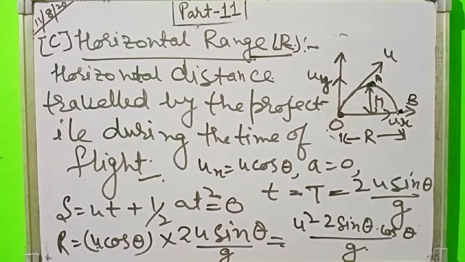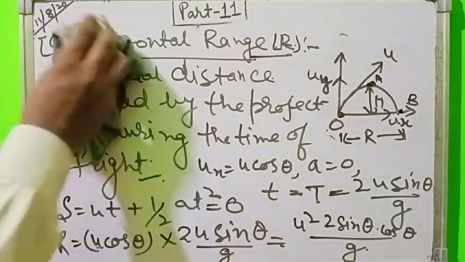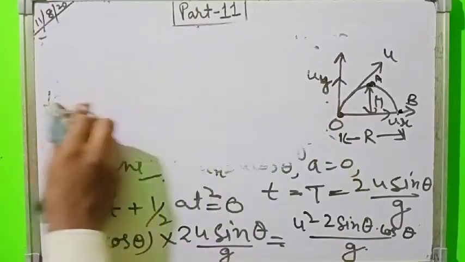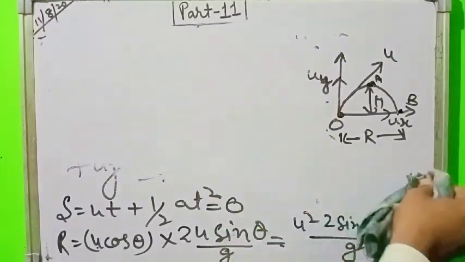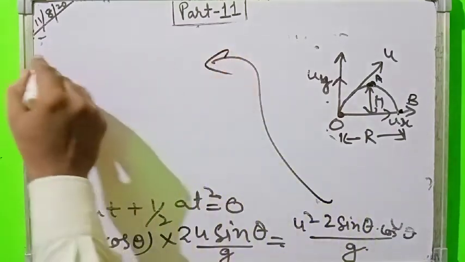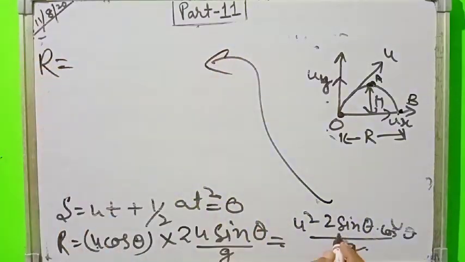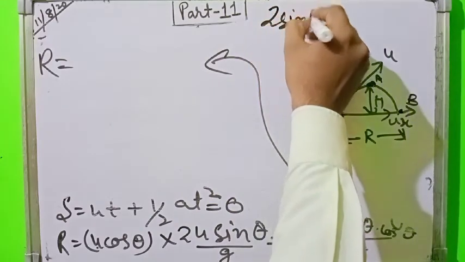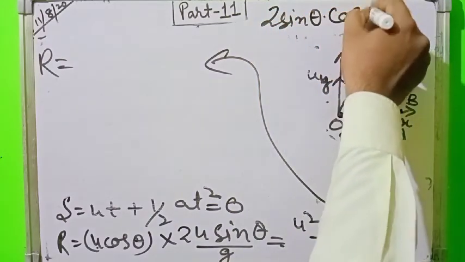You can write it as R is equal to u square into 2 sin theta into cos theta upon g.